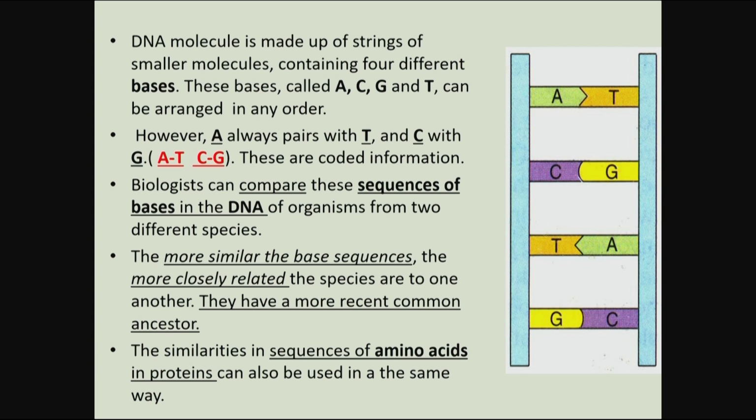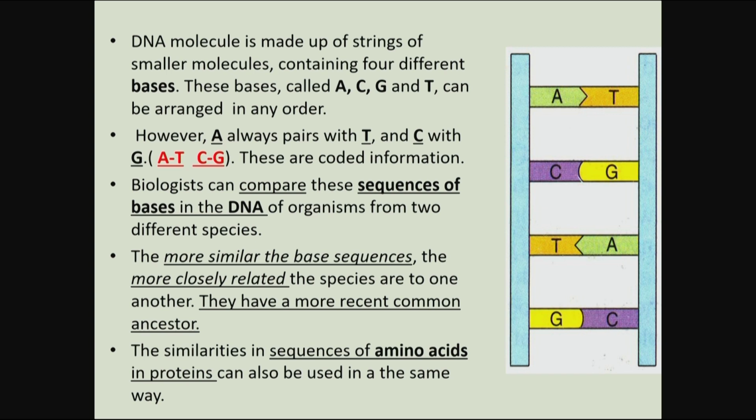You'll find that the sequences of these bases look more similar. And then if you compare the DNA of a human being and the DNA of, let's say, a dog, you find that we are quite different. We don't share as recent ancestors as compared to the DNA of a human being and the gorillas.